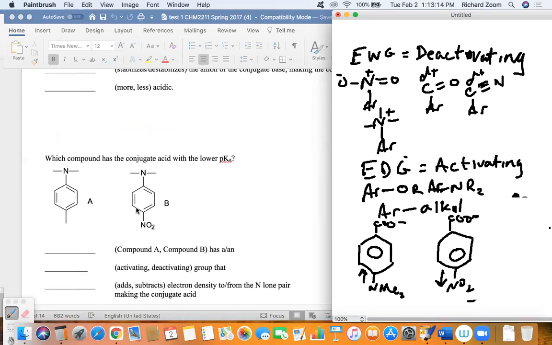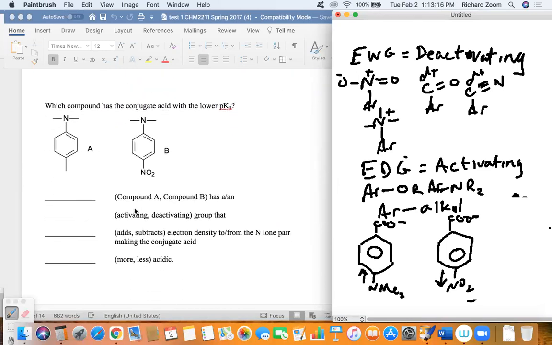So I told you number 6 could be about basicity, or it could be about the acidity of a conjugate acid. For that one, the top one, most people seem to be able to get. I don't think people generally have that much trouble with the top one. This one seems to annoy people.